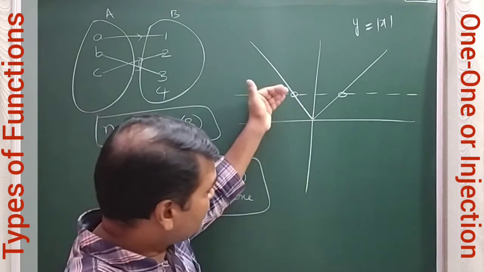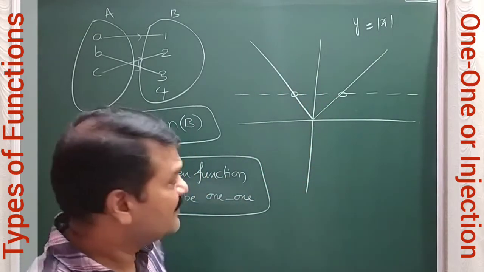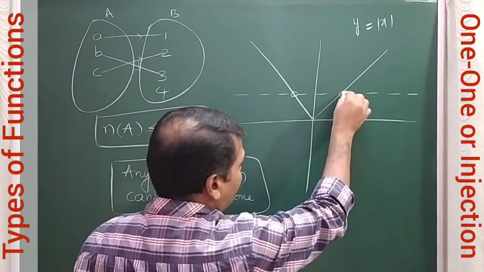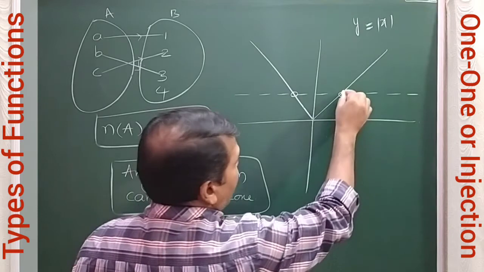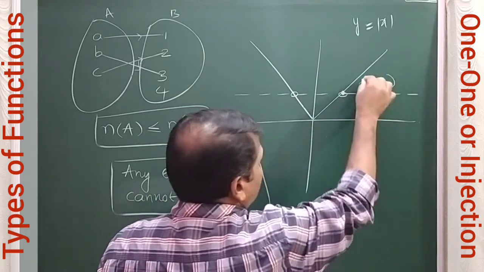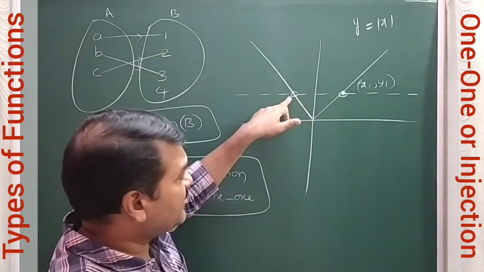Now, if the horizontal line cuts more than once, why is it not 1-1? The reason is, let us assume this point as (x1, y1).